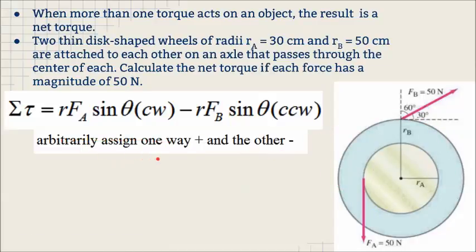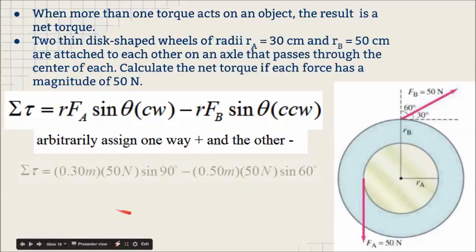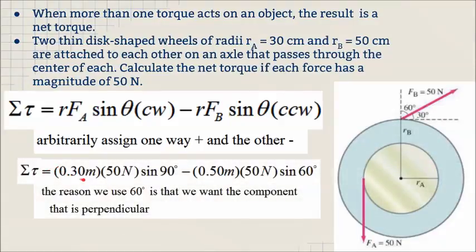Well, we just arbitrarily choose a positive and negative, but in essence we're just going to subtract these two because one's going clockwise and one's going counterclockwise. Plugging in the numbers, we have 0.3 for this RA and 50 newtons, and it would be perpendicular to the radius, so it's a sine of 90. And then we have 0.5 meters and 50 newtons, but now we have the sine of 60.